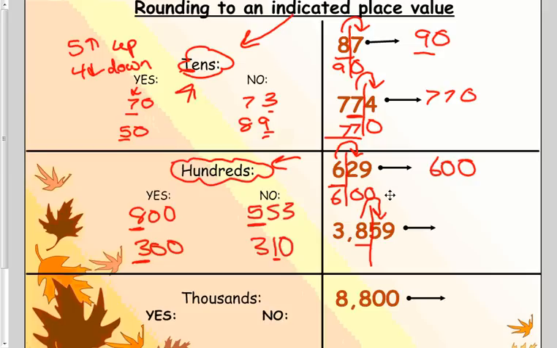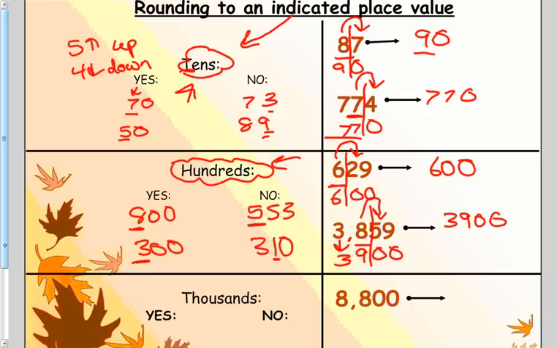Because the next door neighbor is a 5, 5 or above, we're going to round our hundreds place up. So this is going to become a 9. Everything after the fence, remember, becomes zeros. Now anything to the left of the place value we're rounding to, you just drop it down and it stays the same. So 3,859 becomes 3,900 when we round to the hundreds place.